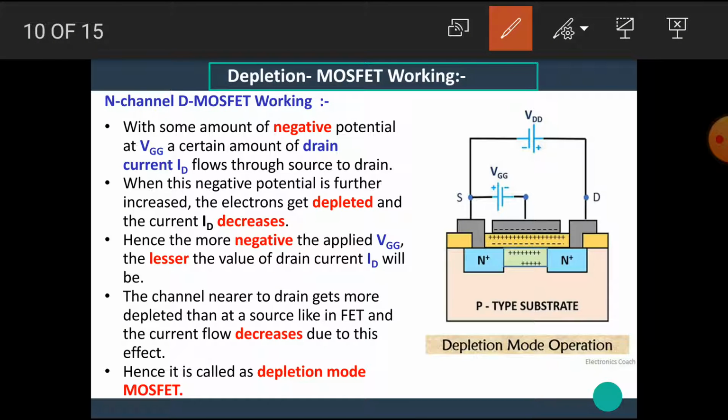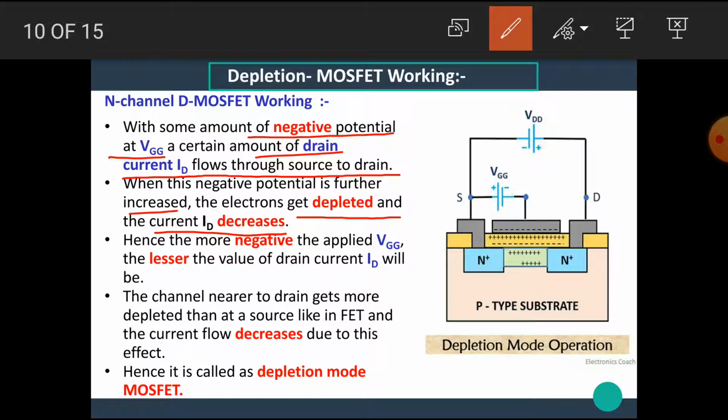With some amount of negative potential at VGG, a certain amount of drain current ID flows from source to drain. When this negative potential is further increased, the electrons get depleted and the current ID decreases.